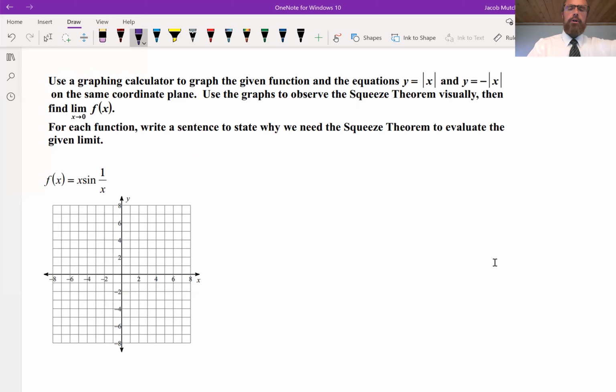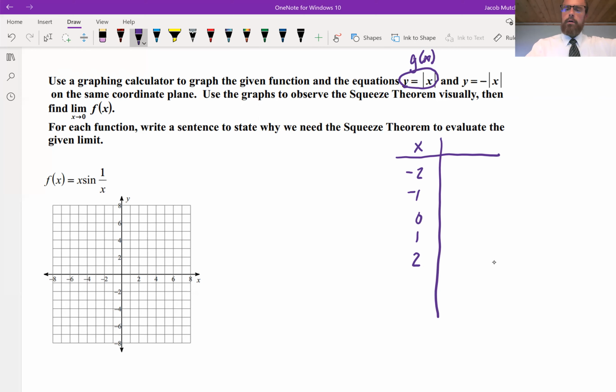So let's just start. I want to graph this first one. So y equals absolute value of x. That's our g of x. So I'm just going to graph it here. So just taking a look at a table just to kind of remind ourselves how absolute value works. If I had x values -2 through +2, the absolute value of those numbers would be their distances from 0.